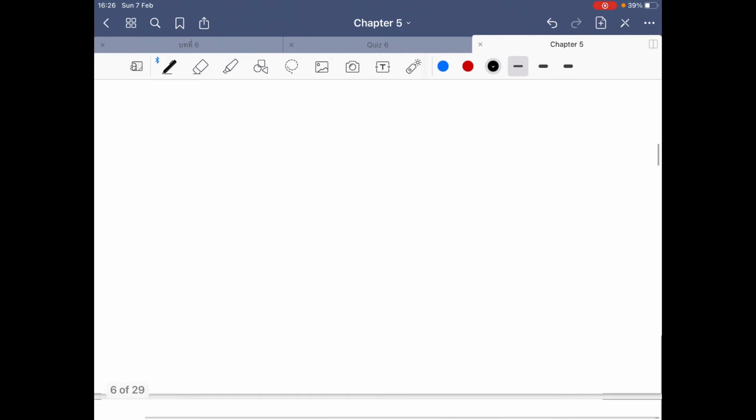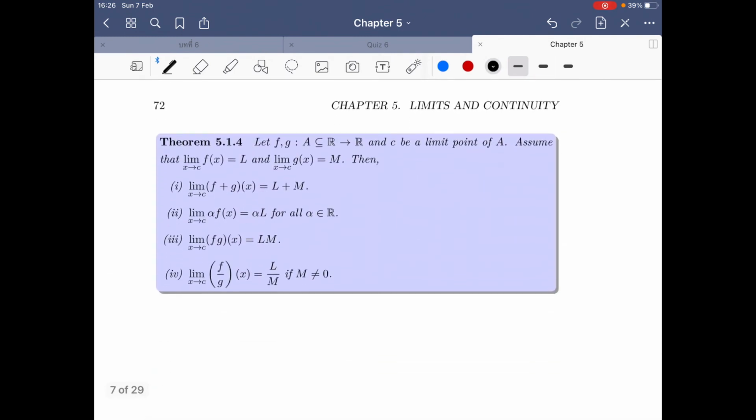The next two theorems, which we used in Math 1 and will use again later on, are these. If we have functions f and g, and c is a limit point of the domain of f and g, and the limit of f is L, and the limit of g exists and is a real number m, then the limit of f plus g is simply L plus m.